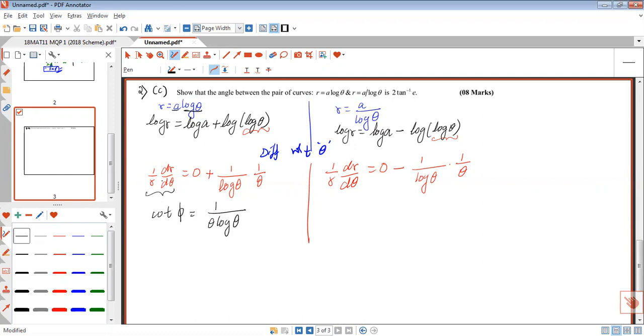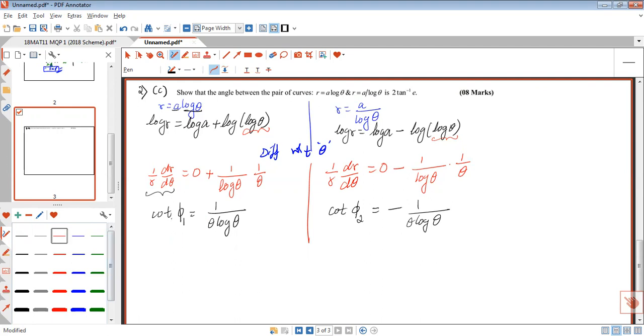Similarly, I will take the first curve with the angle between the radius vector and the tangent as phi 1, and for the second curve cot phi 2, the angle between the radius vector and the tangent, that is phi 2 here, is minus 1 divided by theta log theta.